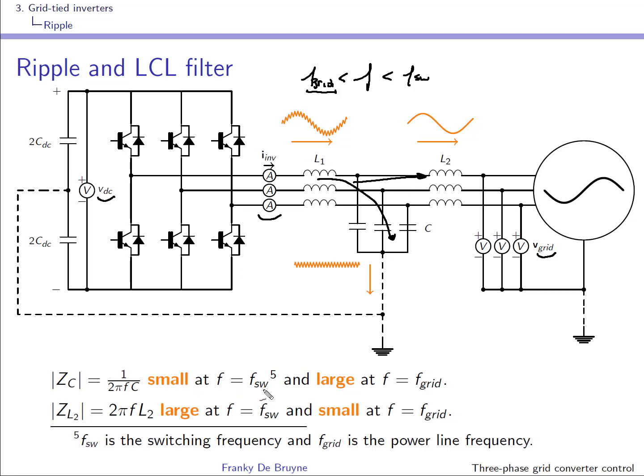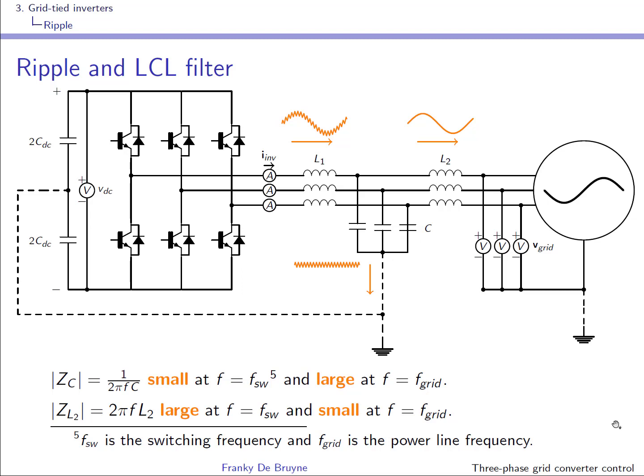Well, because at the switching frequency this will be a small impedance and this will be a large impedance, so the ripple current will go through here. Whereas at the grid frequency, this will be seen here as a large impedance, and this thing here will be seen as a small impedance. So at 50 Hertz, at the grid frequency, the path of the current will be through the inductor.